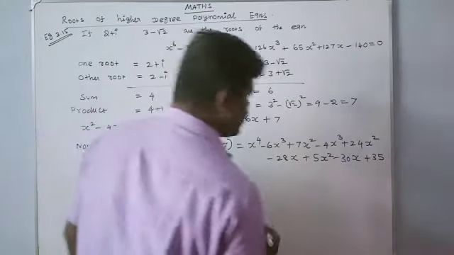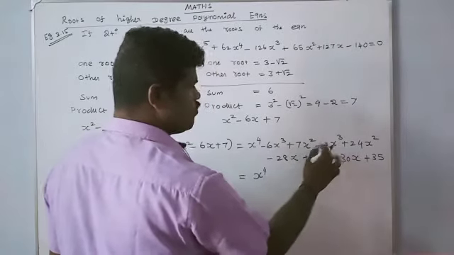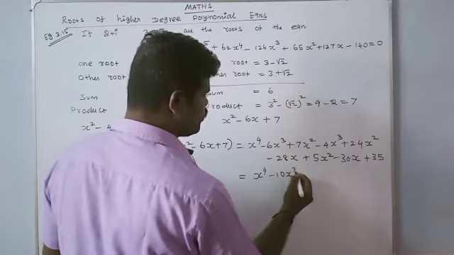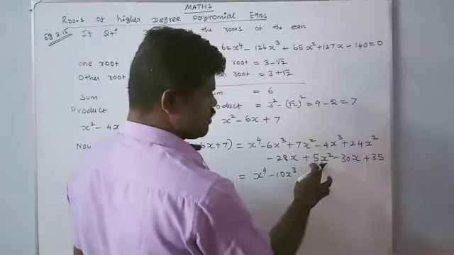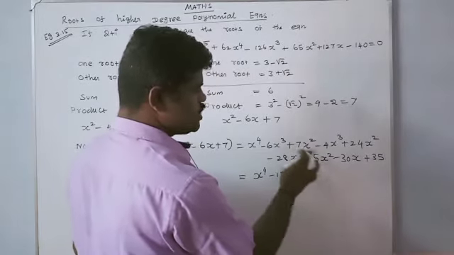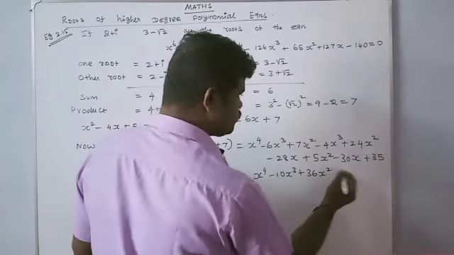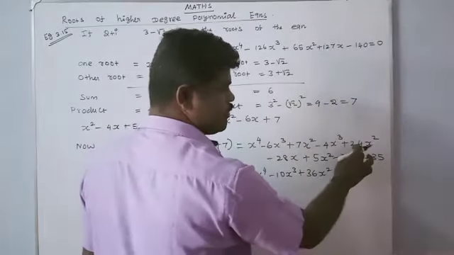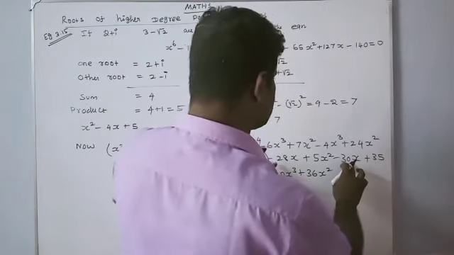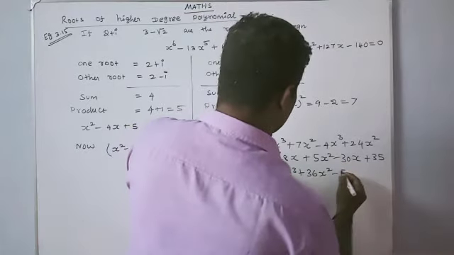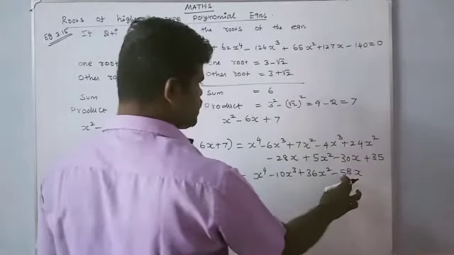Now we have to simplify these terms. x power 4, minus 6x cube minus 4x cube is minus 10x cube. 7x squared plus 24x squared plus 5x squared is 36x squared. For the x terms, minus 28x minus 30x is minus 58x.